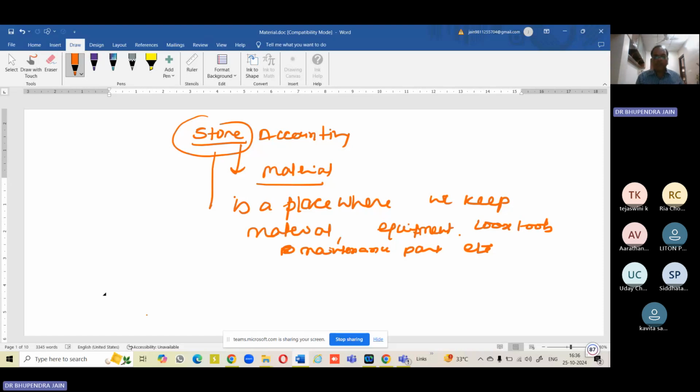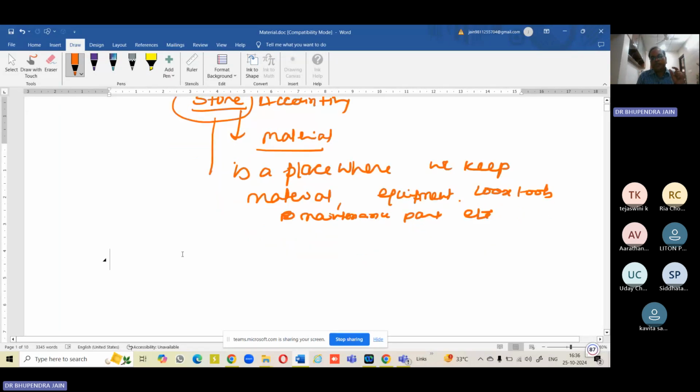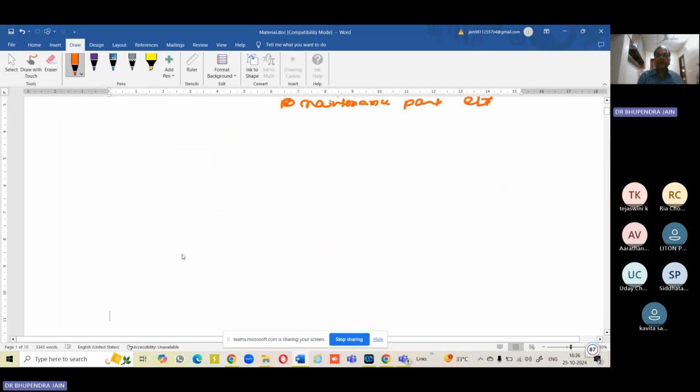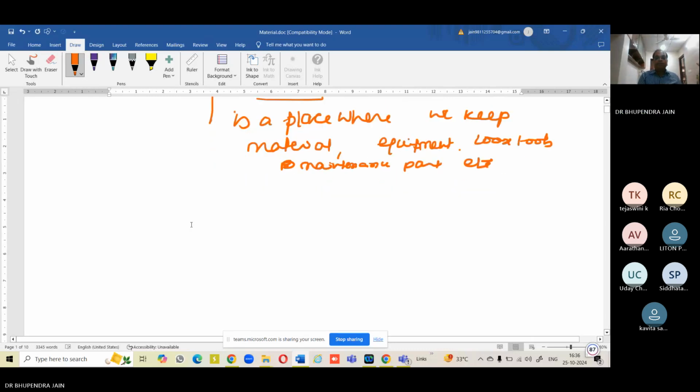But in this accounting, the major component is material, because material is the most important element of a store and is used on a regular, day-to-day basis. That's why we have to focus more on material in comparison to other items.